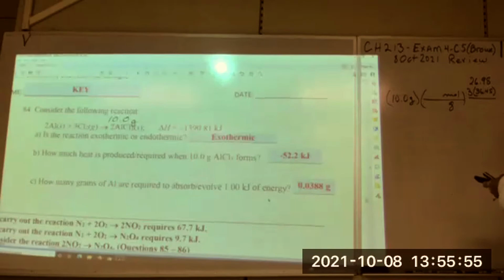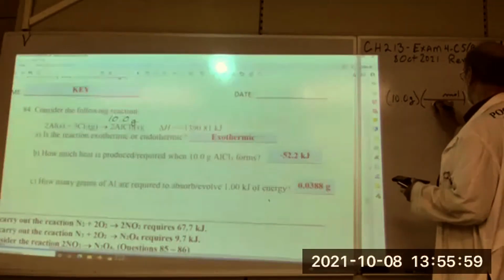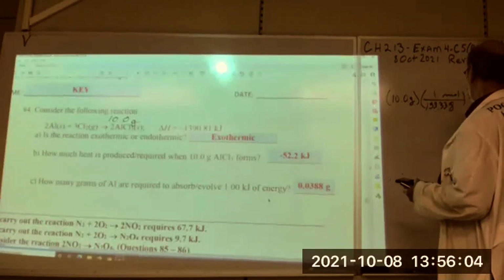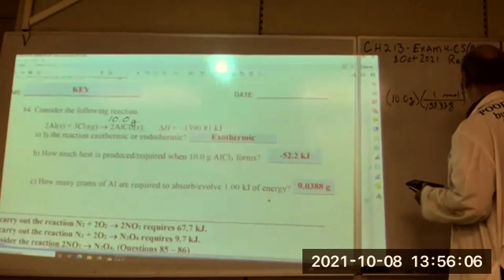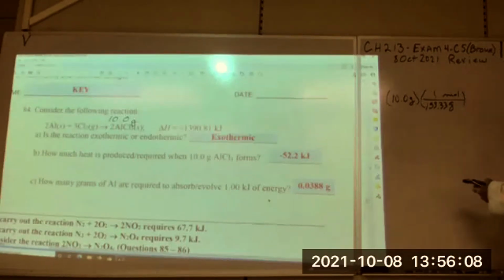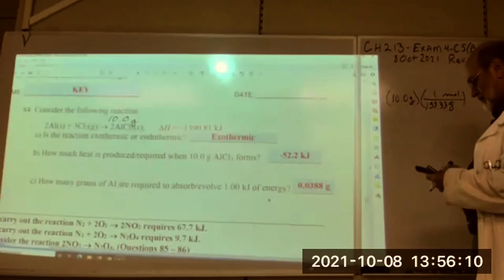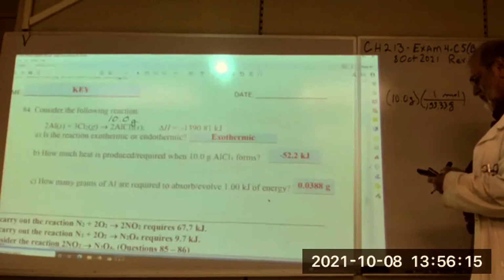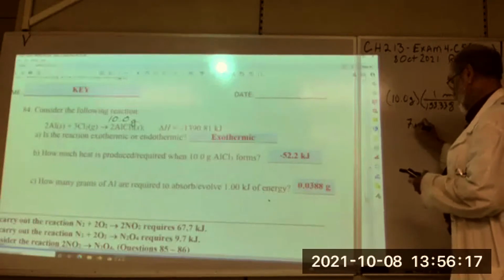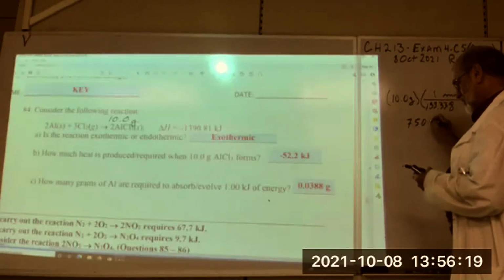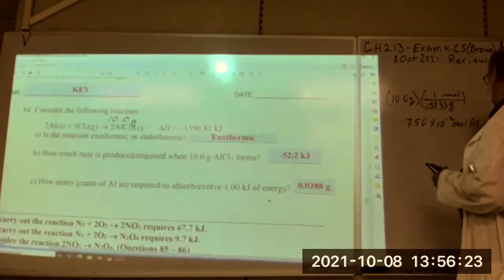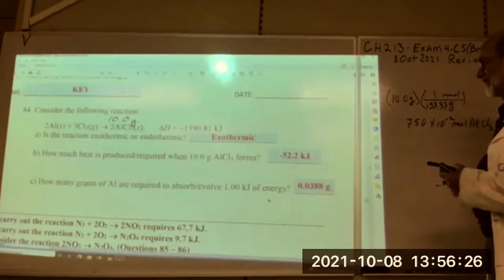And 26.98. So I get 133.33. 133 as the molar mass. So we divide that into 10. And I get 7.50 times 10 to the minus 2 moles of aluminum chloride. Okay.